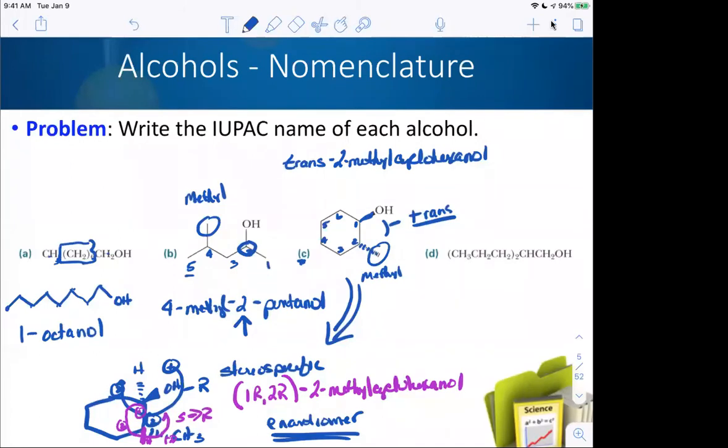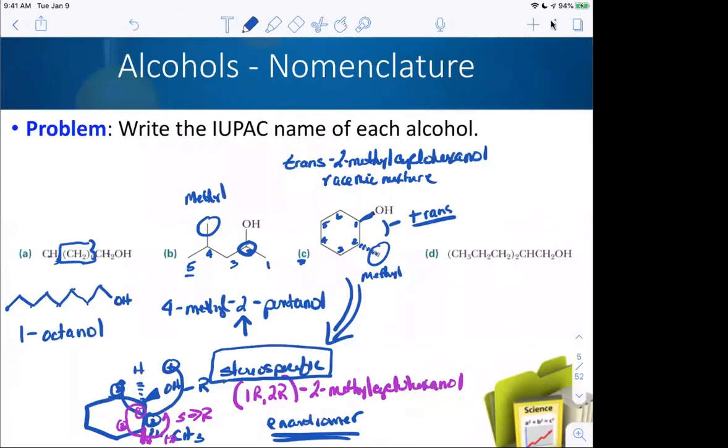So I'm assuming that that's an absolute configuration, and I do not have a racemic mixture. Here I'm assuming a racemic mixture, and I'm just designating the relative stereochemistry between the 2 groups. Here I am assuming that I have a stereospecific mixture, which means I only have the presence of 1 enantiomer.